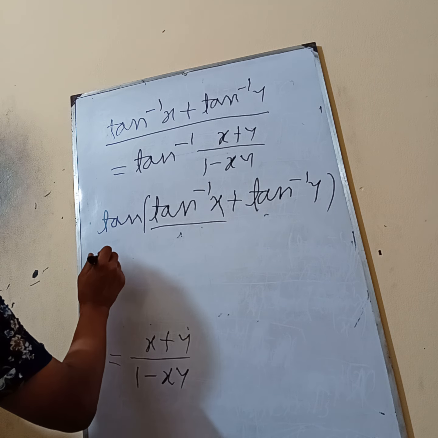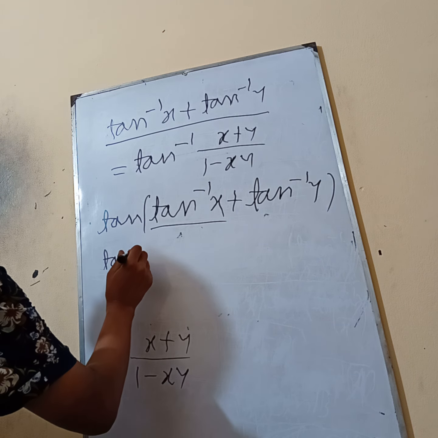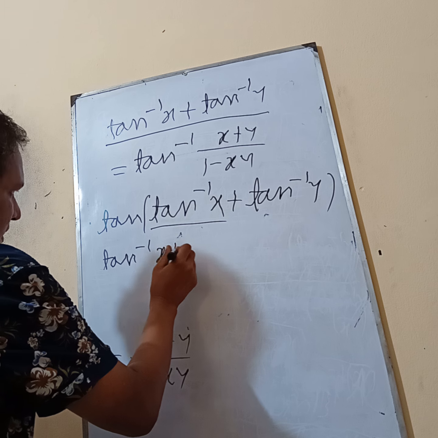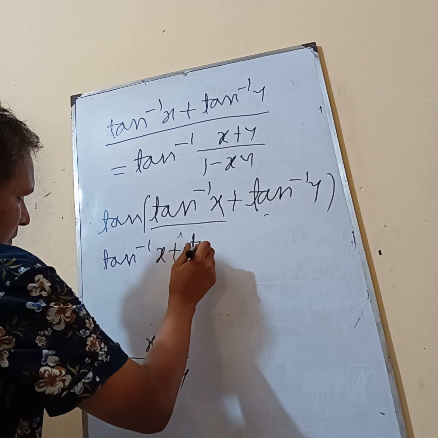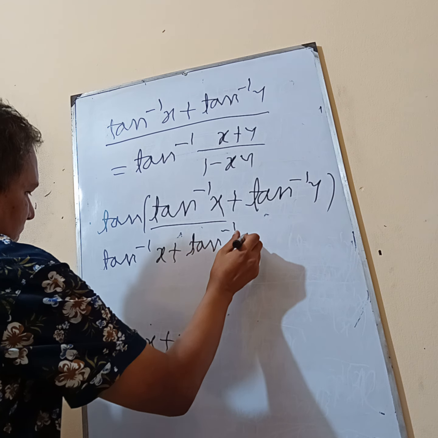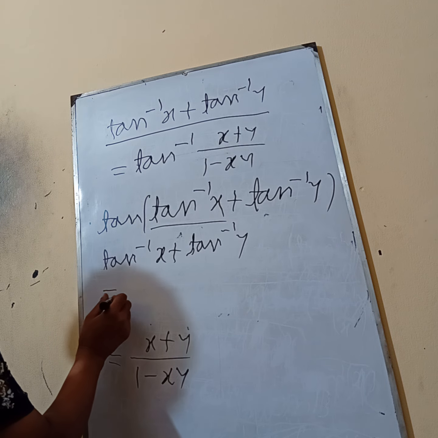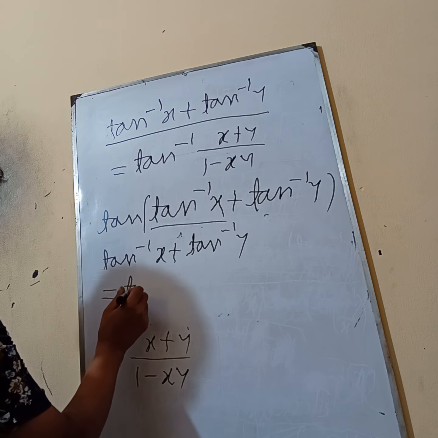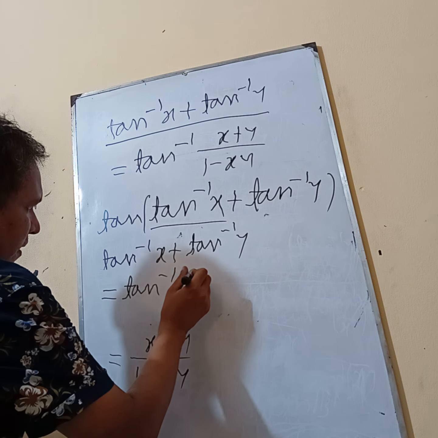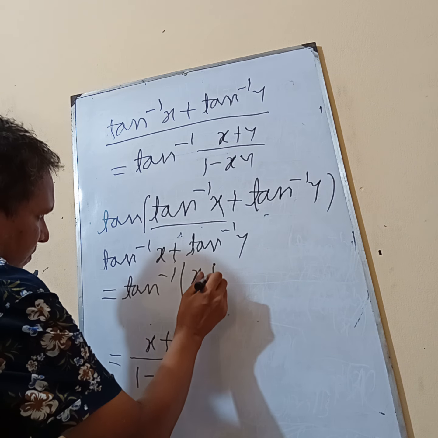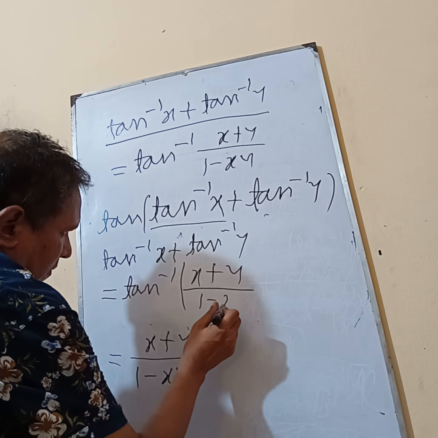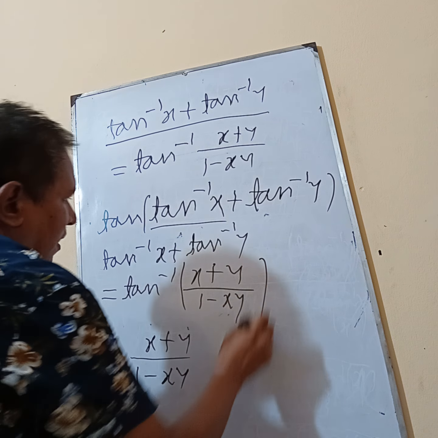So I have to write tan inverse x plus tan inverse y is equal to tan inverse of x plus y over 1 minus xy. Okay.